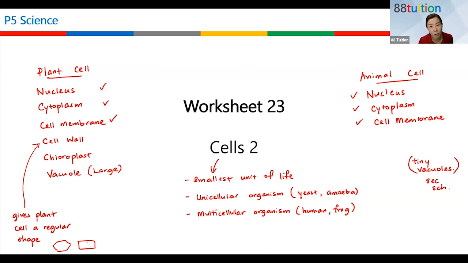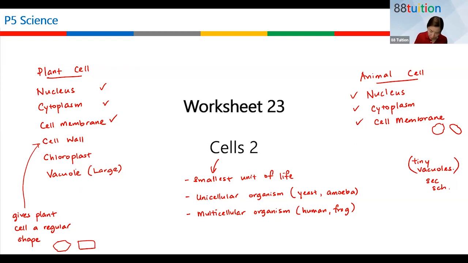So they always have a very fixed regular shape. However, because the animal cell does not have the cell wall, it only has this thin layer of the cell membrane. It does not have a regular shape. It can be a bit like this today, or one moment like this, another moment like this. So it doesn't have a regular shape.